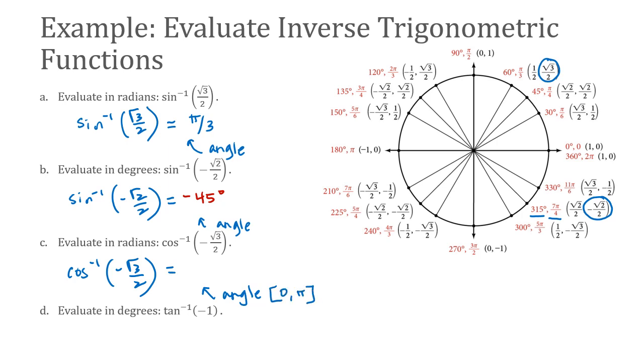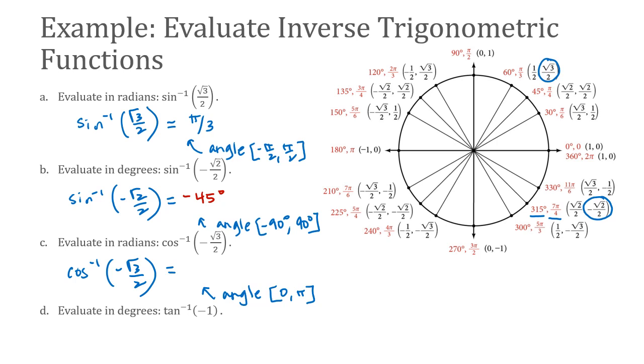And let me just go up to parts A and B. For those, it had to be between negative pi over 2 and positive pi over 2. So we had to limit ourselves. Actually, let me not draw that arrow down because part B was in degrees. So let me say that one would be from negative 90 degrees to positive 90 degrees.